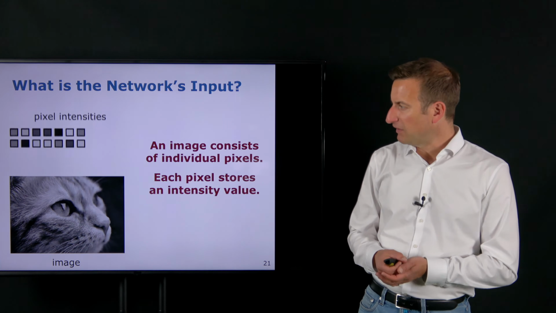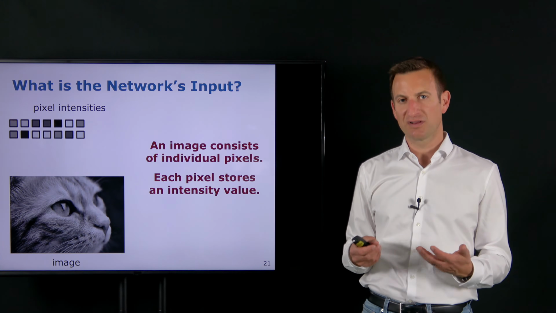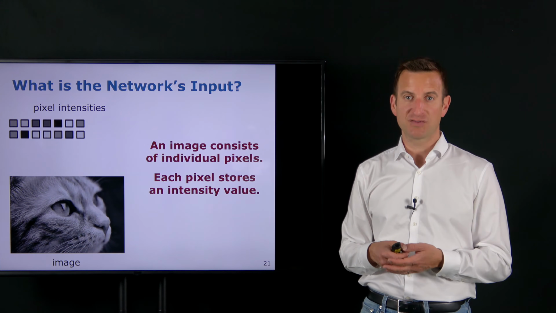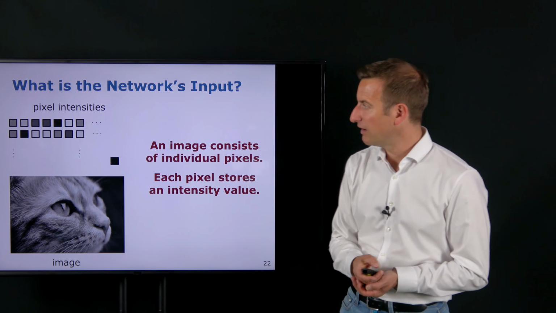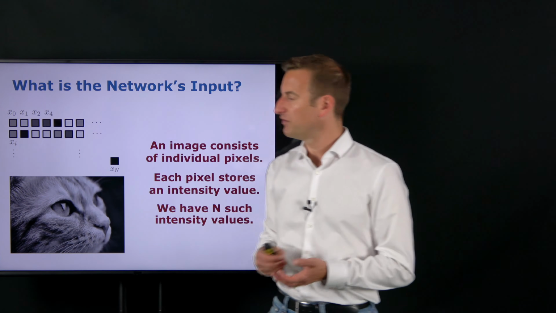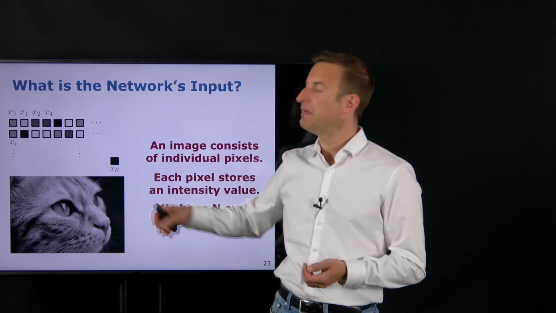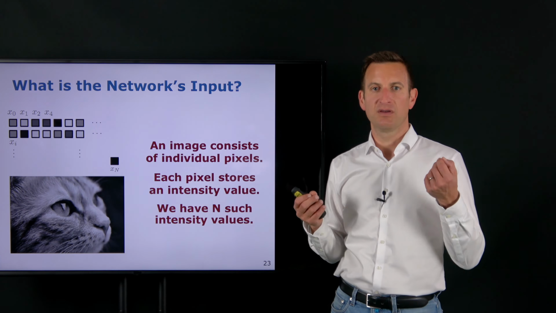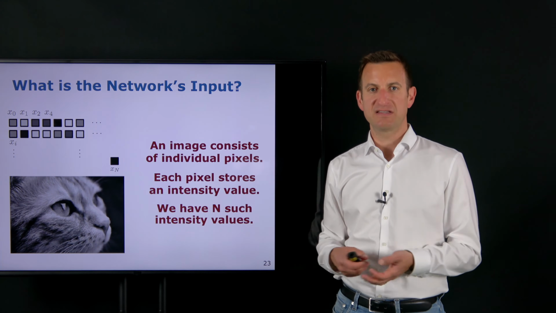So we can take those pixels and treat them as individual dimensions of a large vector, right? We can simply enumerate our pixels and say, okay, that is pixel number 0, pixel number 1, pixel number 2, pixel number 3, and so on and so forth until pixel number n. And so we have n, or in this case, n plus 1 different intensity values.